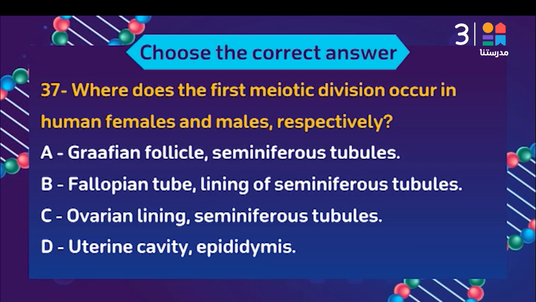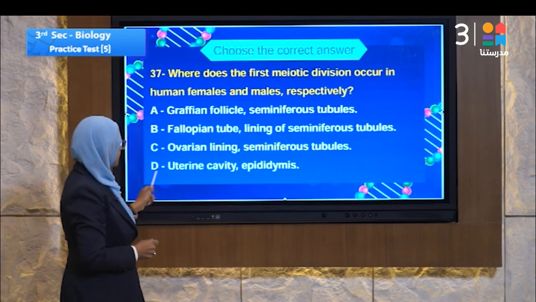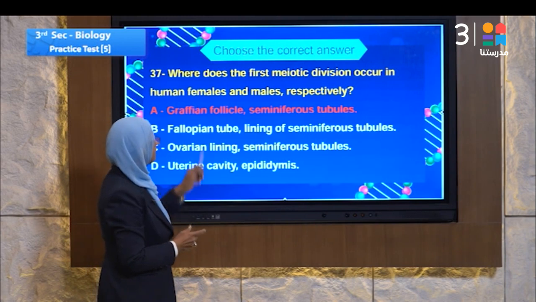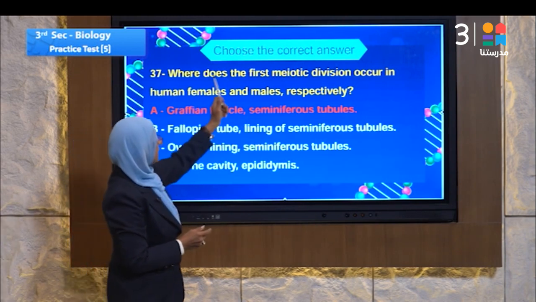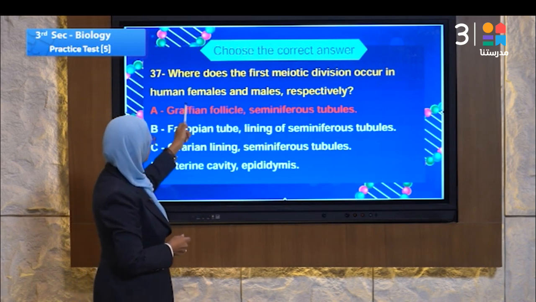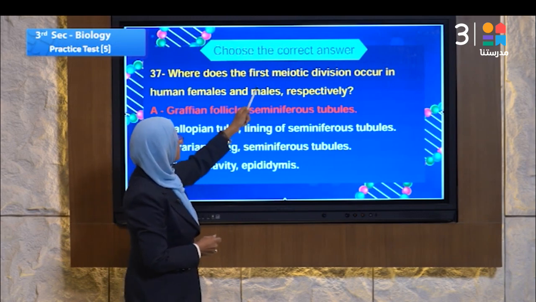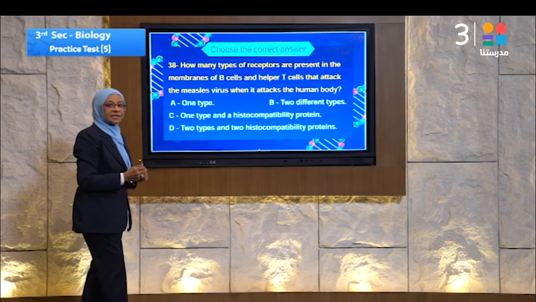C, ovarian lining, seminiferous tubules. D, uterine cavity and epidermis. The answer must be Graafian follicles, seminiferous tubules. Graafian follicles is the place of meiotic division in the female, and seminiferous tubules is the place of meiotic division in males. Let's go to question number 38.